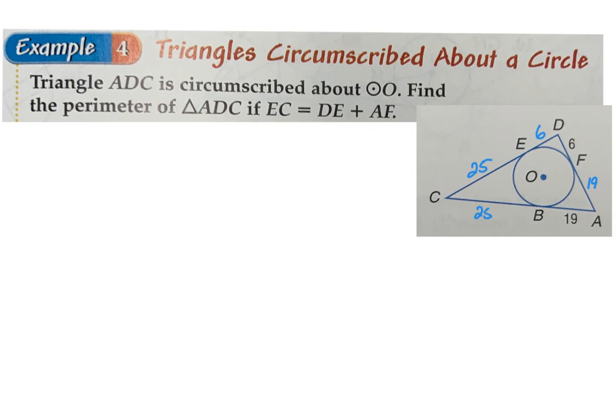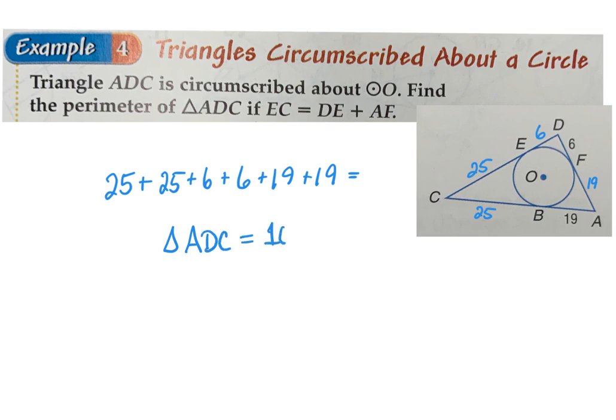So then how do I find my perimeter? Add it all up. 25 plus 25 plus 6 plus 6 plus 19 plus 19. We get that the perimeter of ADC is 100. All right. Any questions on that?